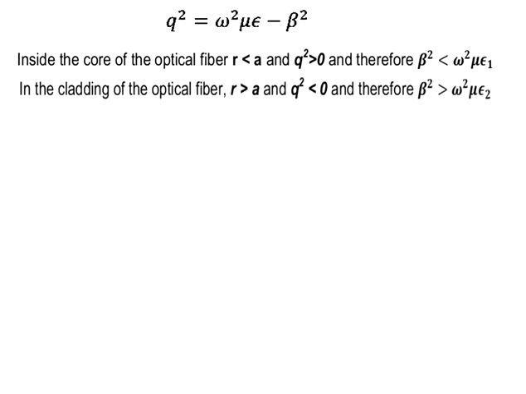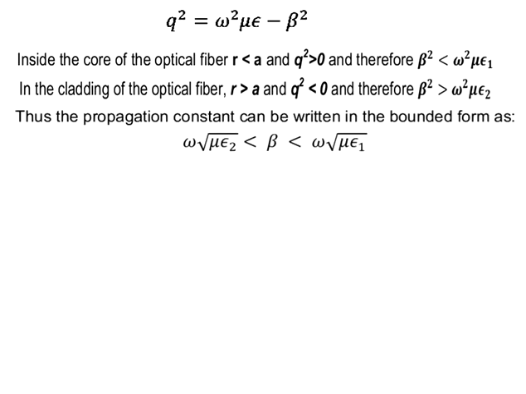Now inside the cladding, the radial distance is greater than a, so q square is less than 0. Therefore we can write beta square is greater than omega square mu epsilon 2. So if we combine these two conditions, we can say that beta square lies in between omega square mu epsilon 2 and omega square mu epsilon 1.